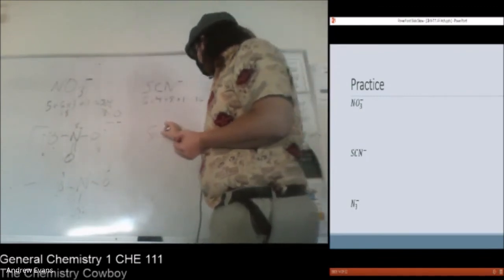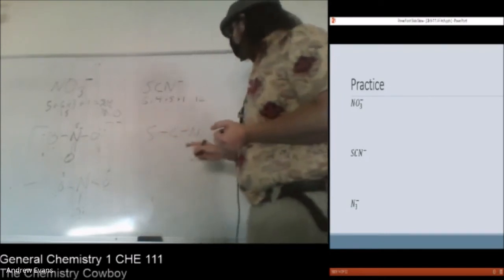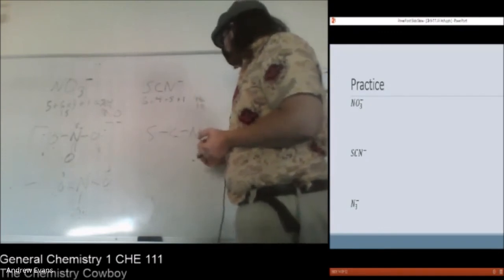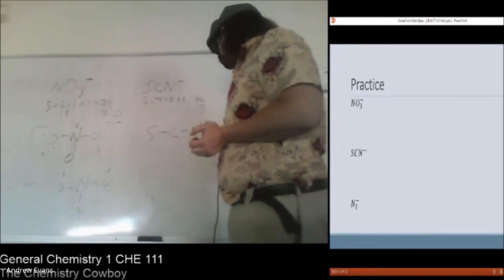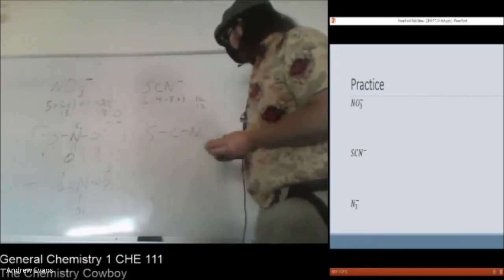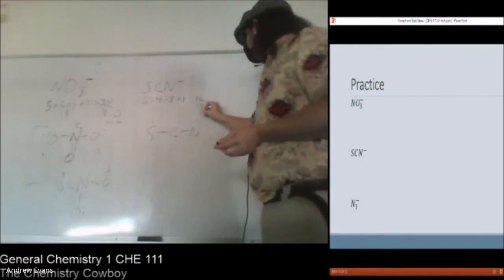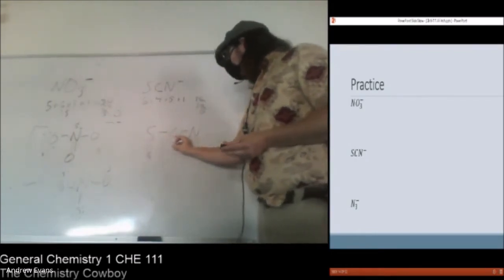S, C, N. That's used 4. That's down to 12. Going to put 6 on nitrogen, 6 on sulfur, and that uses all of them up. Octet, octet, quartet.